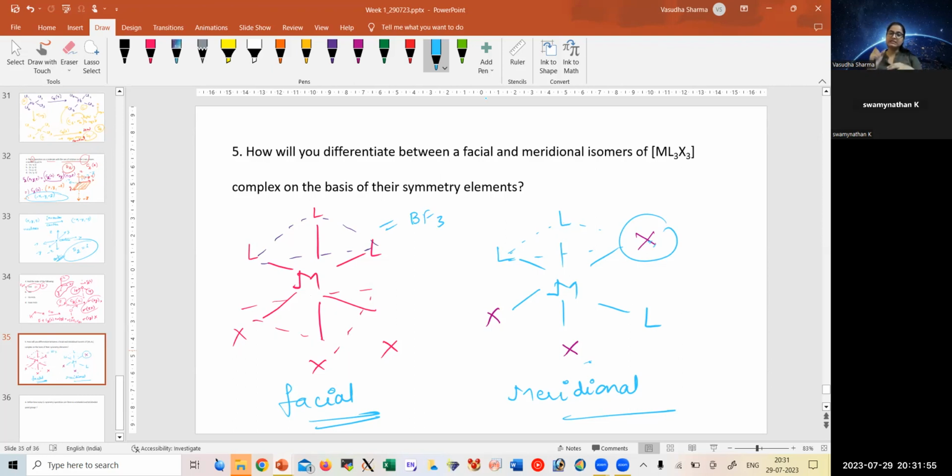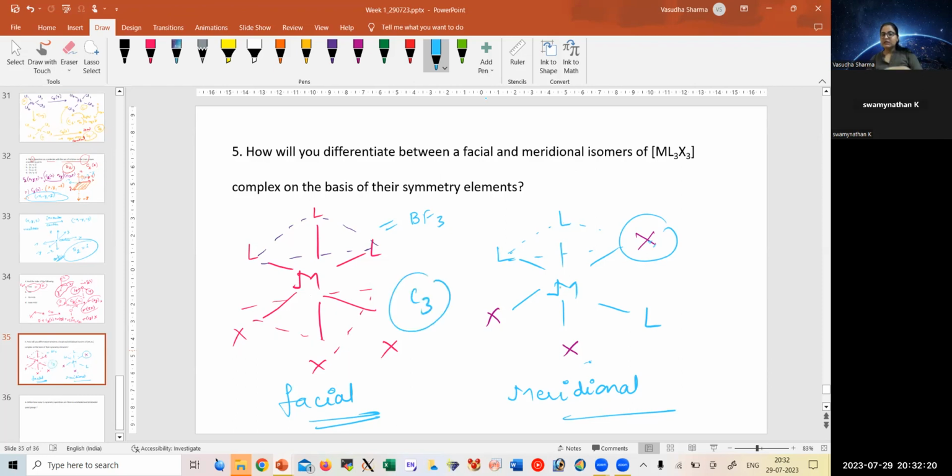If you go back and see these facial isomers and their orientation, you will see that when I pass the C3 axis through these two faces, which are the triangular faces, the 3L would be replaced by each other and the 3X would be replaced by each other. So they are only rotating among themselves. So C3 is there, right?